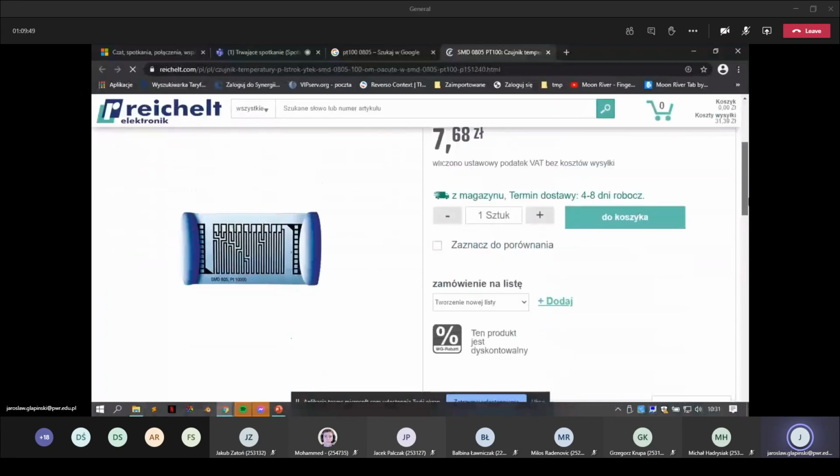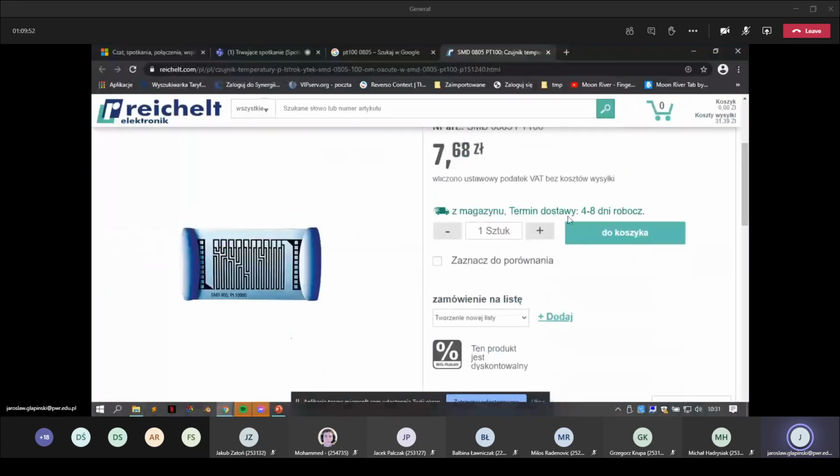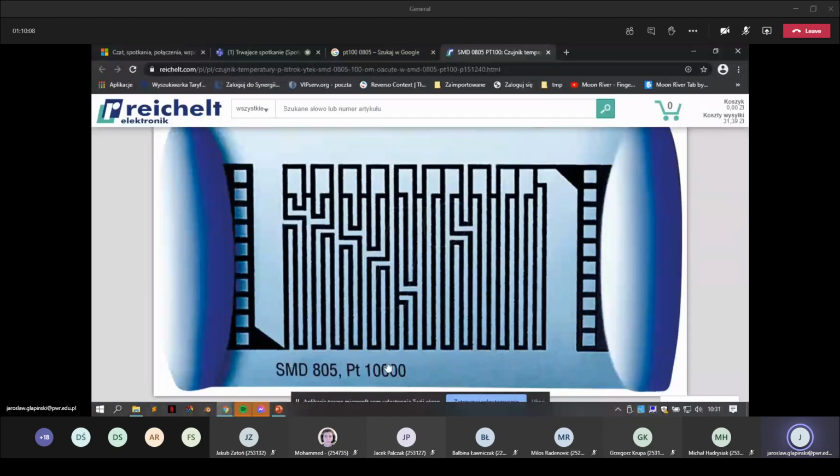I'm sorry, I just moved to the example of the sensor. So this is an example of a PT10,000 in a matter of fact, but you can have the same sensor in PT100 or PT1000.